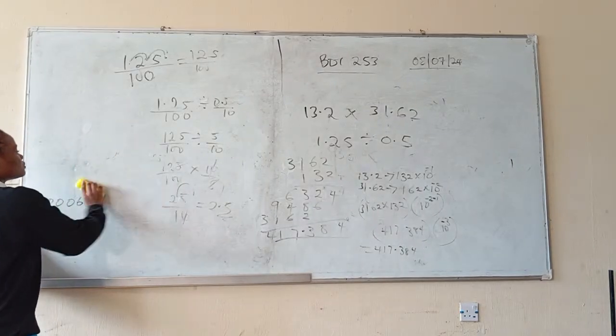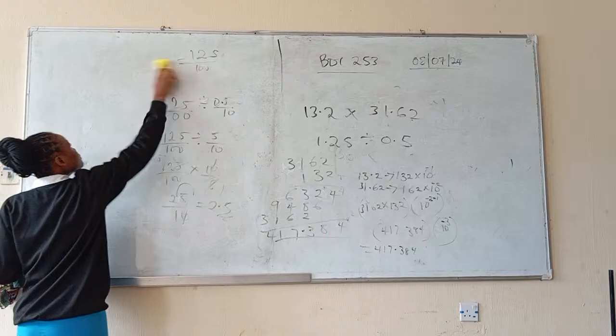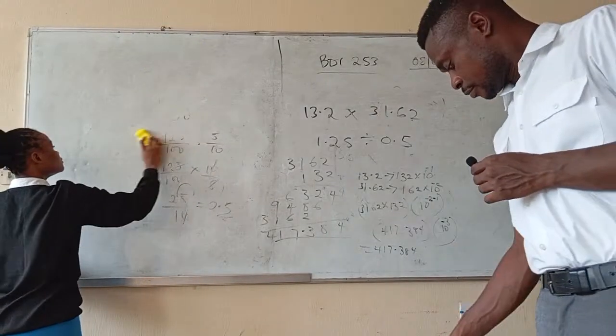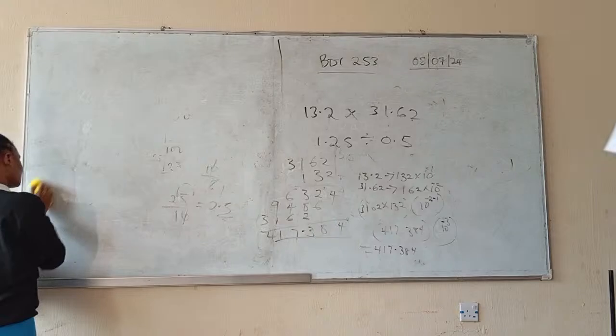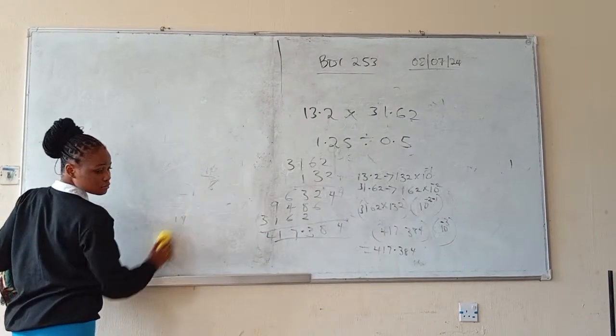Is it three zeros or four zeros after the decimal point? It's four zeros after the decimal point.